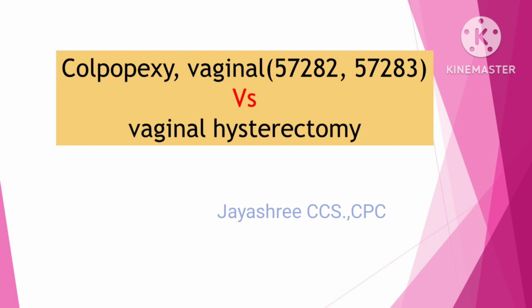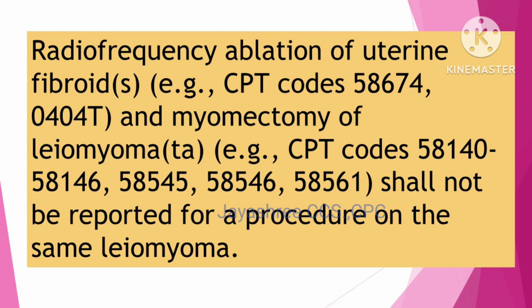Okay. Then the last point is radiofrequency ablation of uterine fibroids. For example, CPT code is 58674 and the temporary code is 0404T.